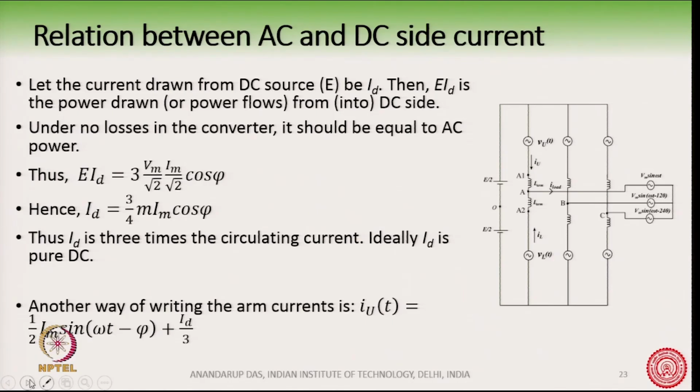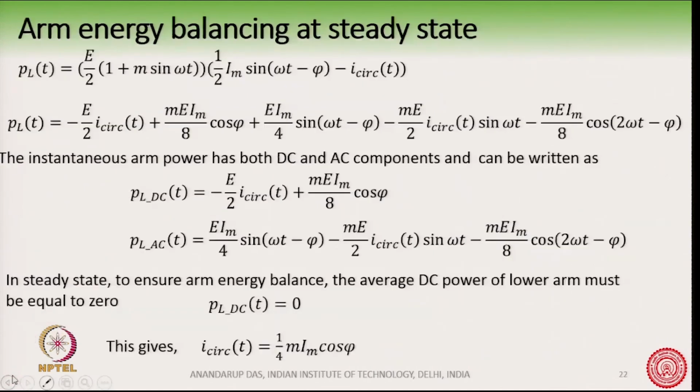So, we had come up to that point, but in the last class we also said that there is an AC component of the power expression, and this AC component, for example, for the lower arm is like this.